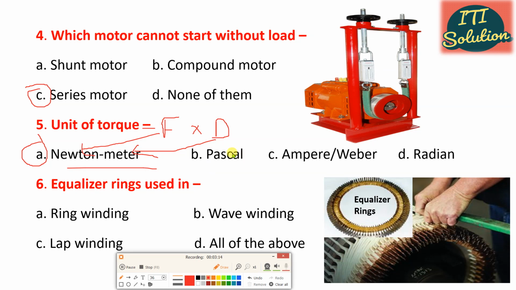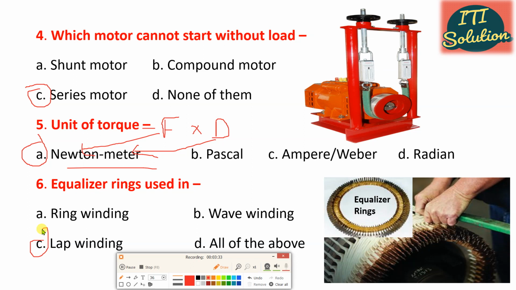Then next question, equalizer ring is used in option A ring winding, option B wave winding, option C lap winding, and option D all of the above. And the correct answer is option C lap winding.